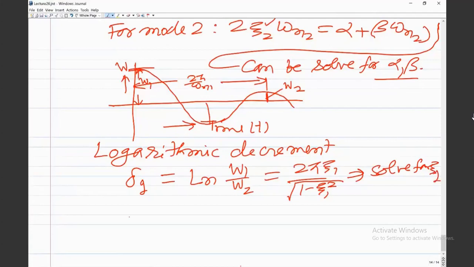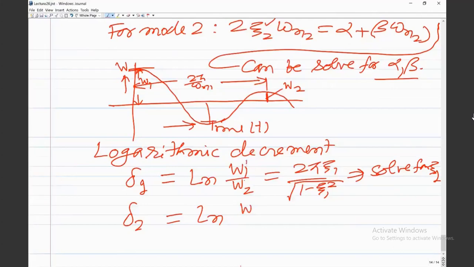Similarly, you excite the structure in another mode and record this free vibration response, and then you get delta 2, the logarithmic decrement, which would again be equal to, let me also put the mode here.